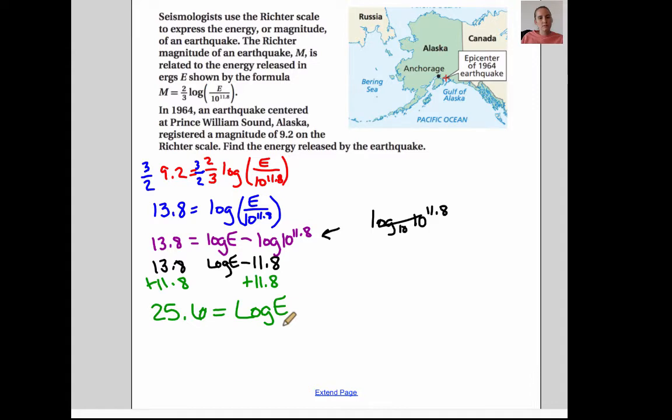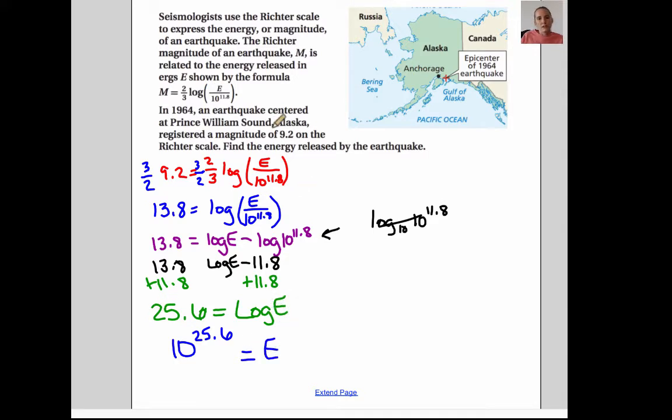Now we need to write this in terms of E. Let's think. We know how to convert this from logarithmic form to exponential form. The base is understood to be 10. This is your exponent, and it equals that value.